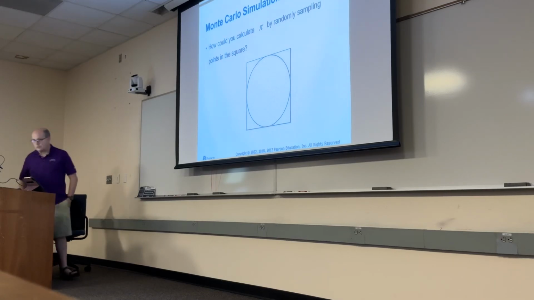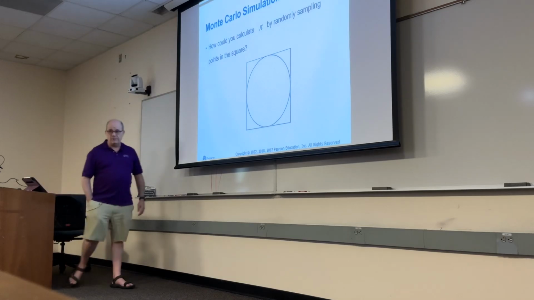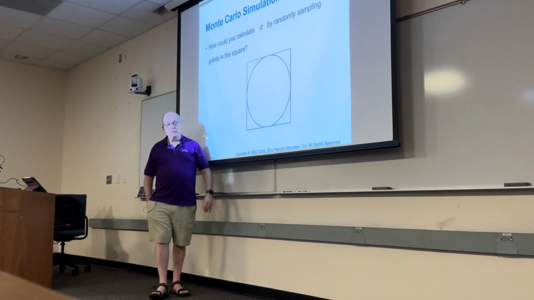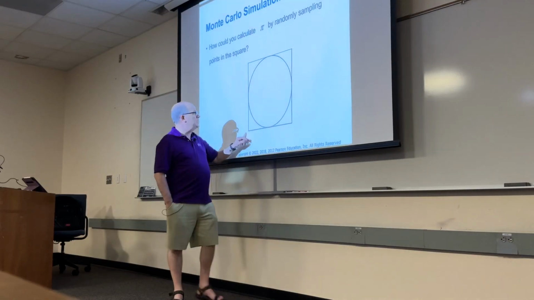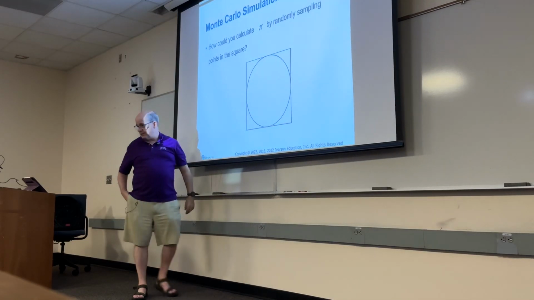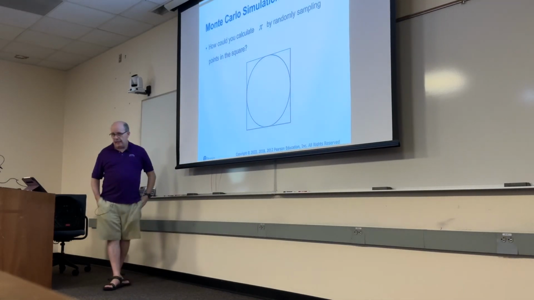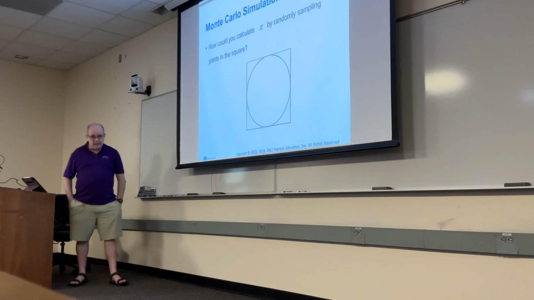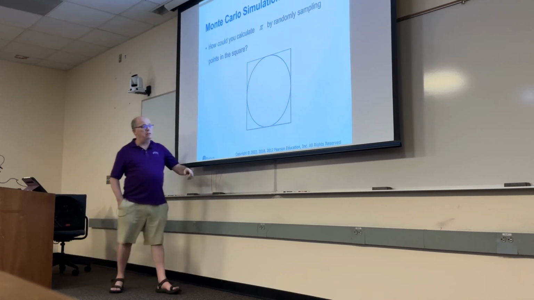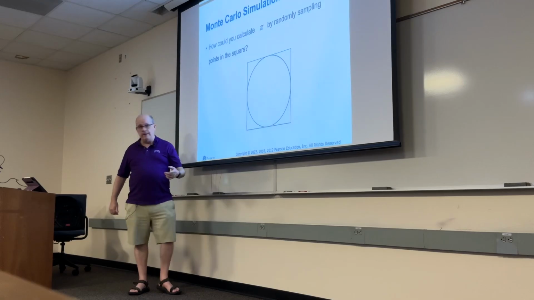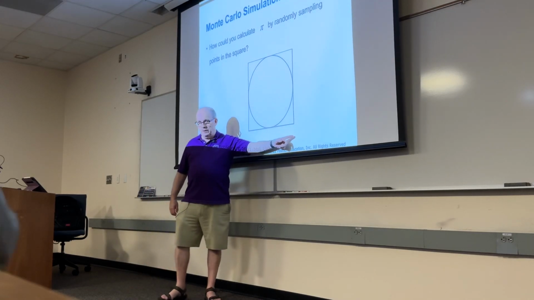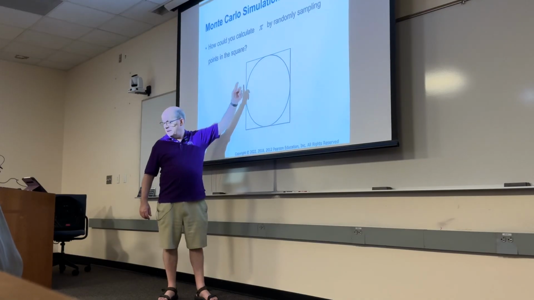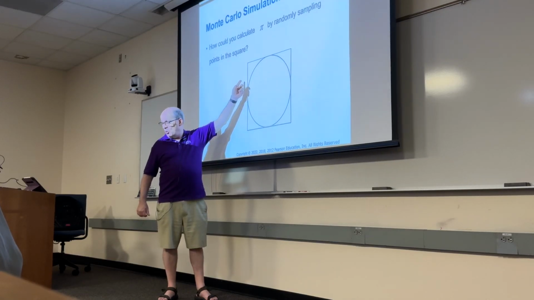So for this exercise, we want to think of this as being the unit square, which means it goes from 0 to 1 on the x-axis and 0 to 1 on the y-axis, okay? And what you could do is generate, let's say, 1,000 random numbers to function as x coordinates, and then 1,000 random numbers to function as y coordinates.